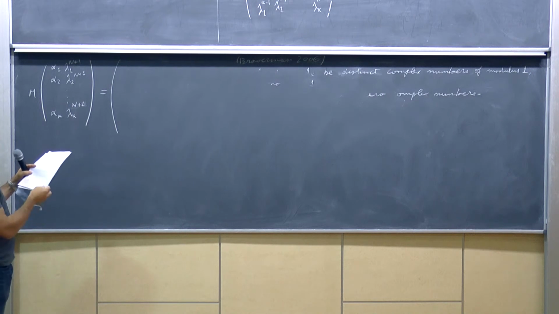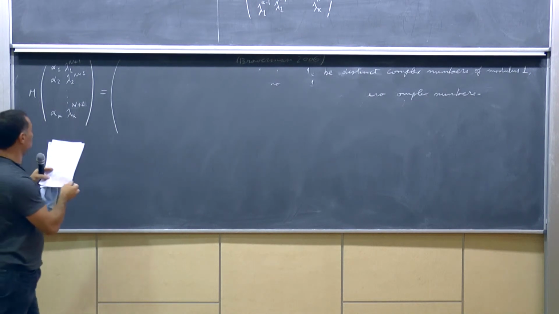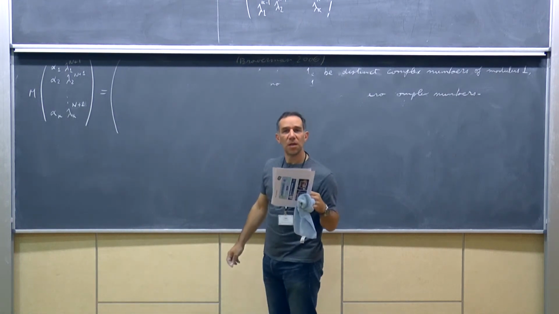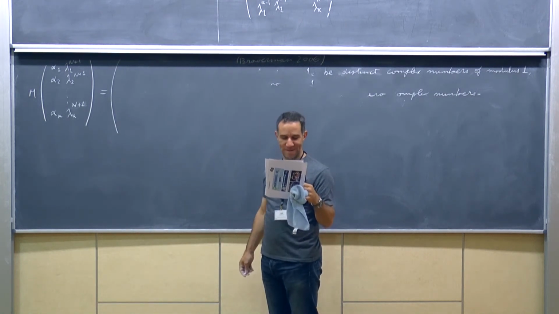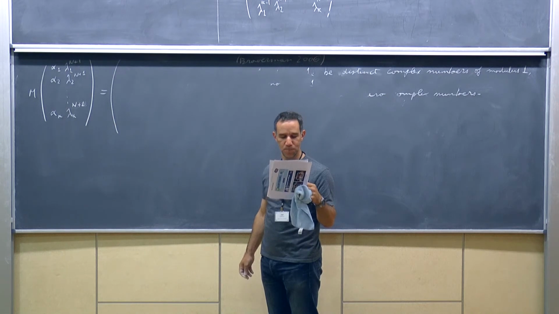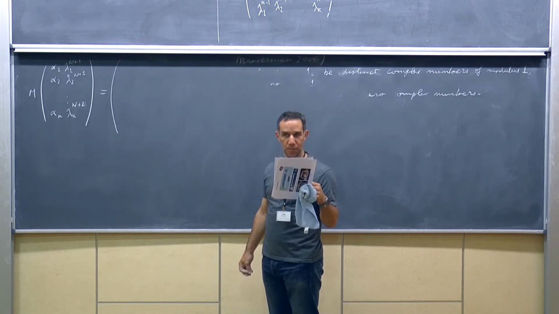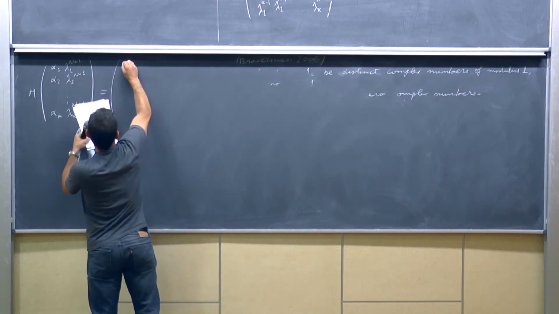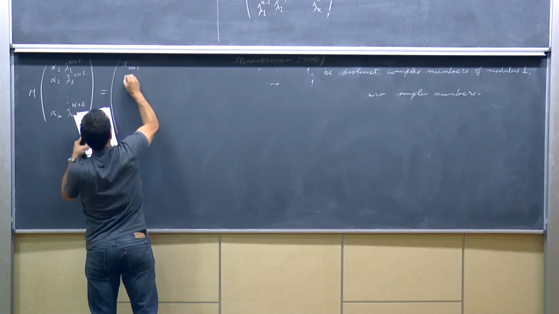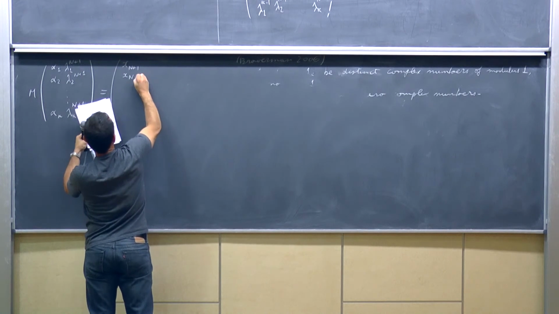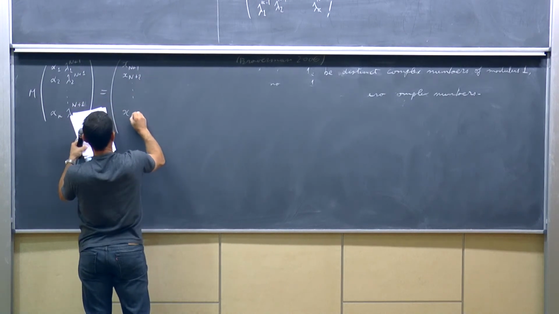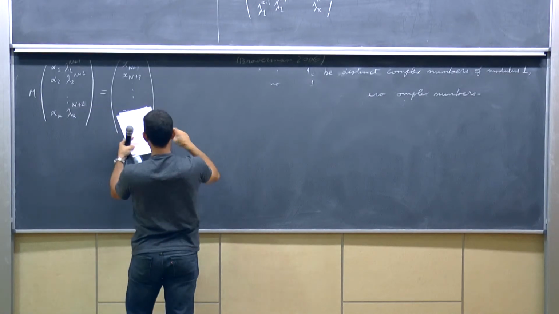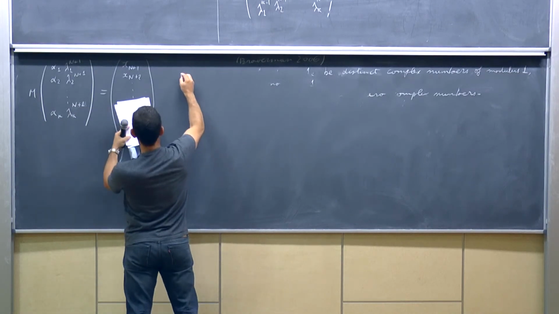So can somebody tell me what vector I get once I multiply my matrix M by this? Yep. I get x sub n plus 1, x sub n plus 2, dot, dot, dot, x sub n plus k. That's right.